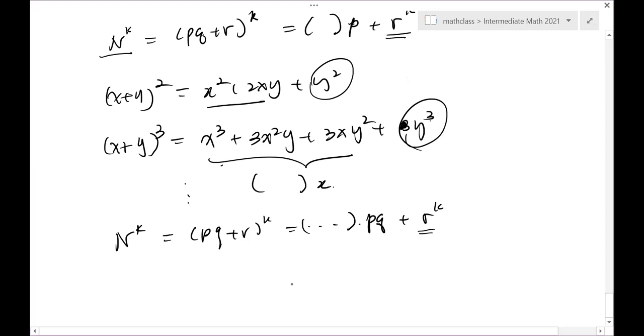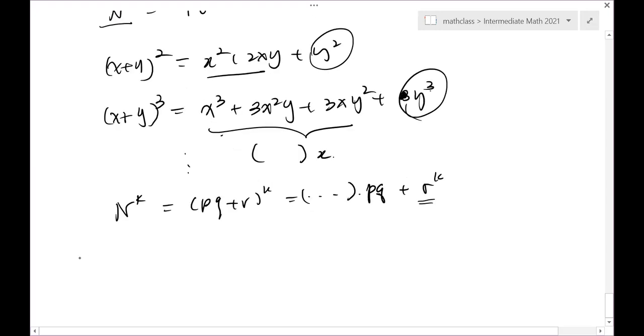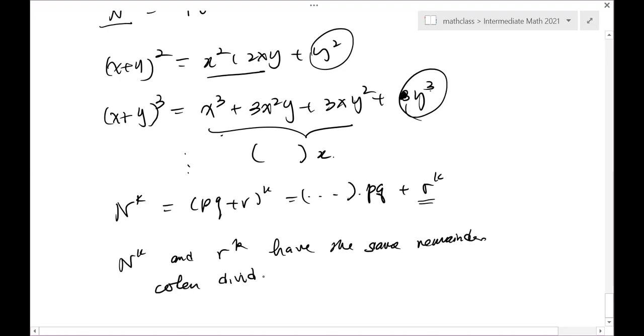In this case, we will say n to the k and r to the power k have the same remainder when divided by p.